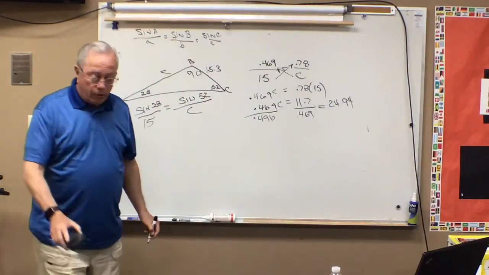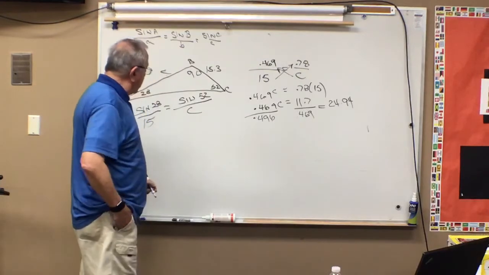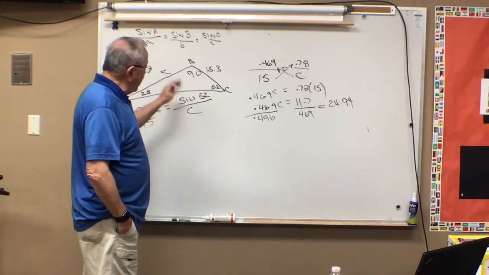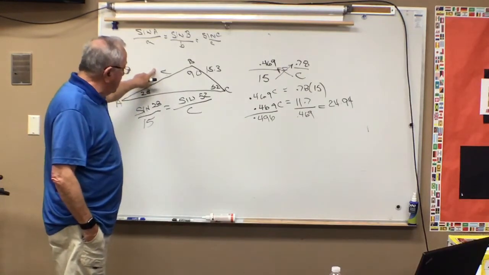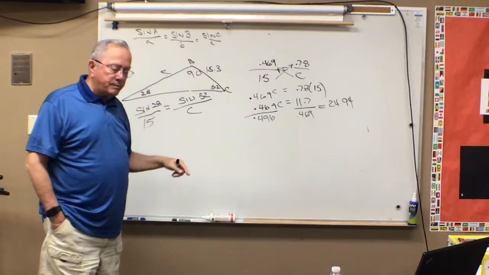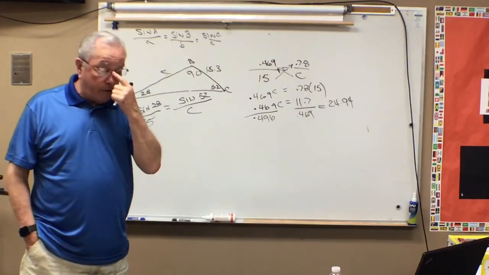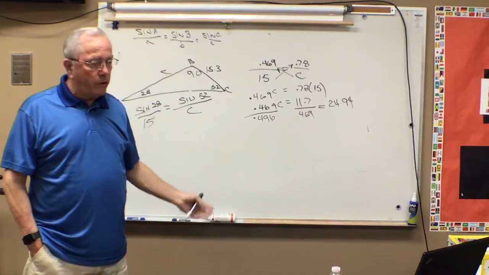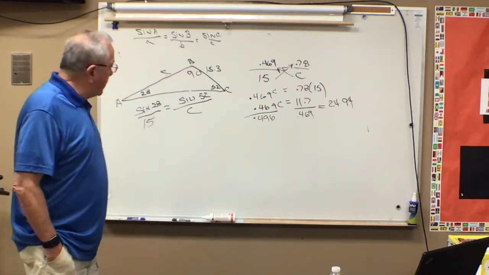Now, I can use the Pythagorean theorem to find the missing side since that's 90 degrees too, can't I? So if I need to find the other side, I can, but they just want you to find C. So let's see what we did. I'm using the sines of these two angles. If you recall, when we're doing sine, cosine, tangent, didn't I tell you I always like to use sine? Now you know why. Because if you give me two angles, I can find all three, can't I?